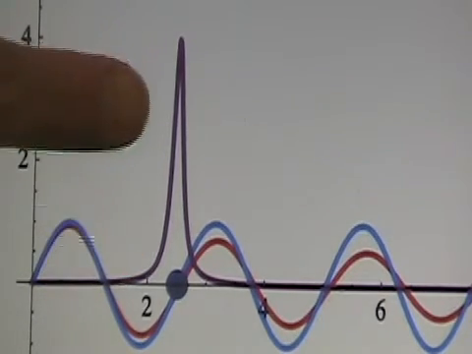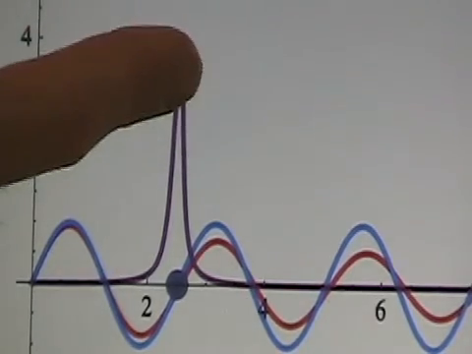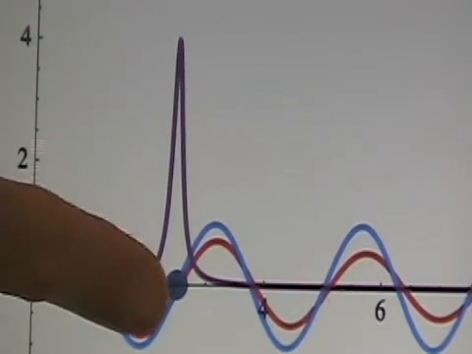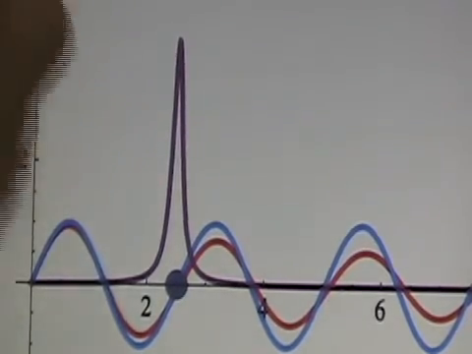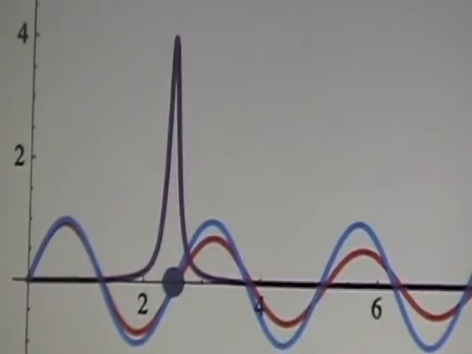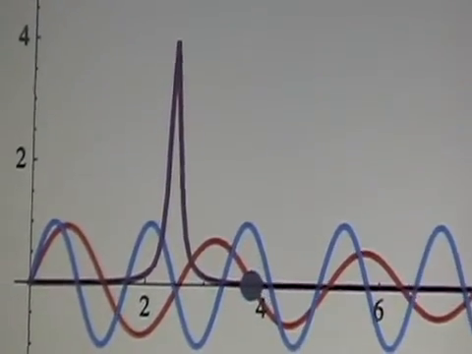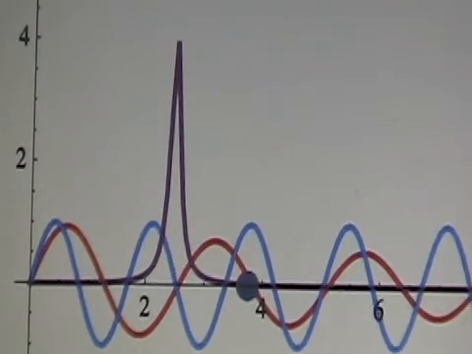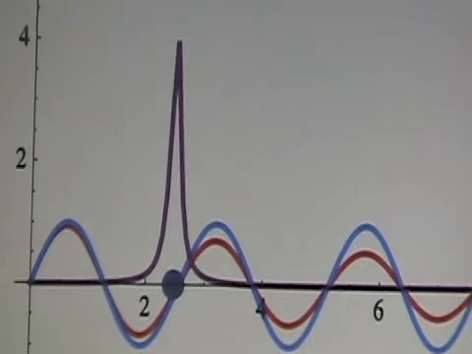So its highest value is at the value of omega where the blue and the red curves match up the best. If I move omega to some other value, then they don't match up so well. But when I move it right about there, they match up pretty well.